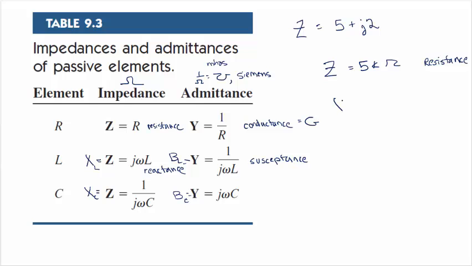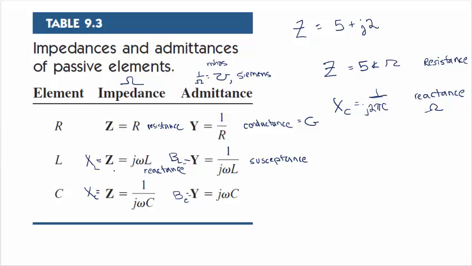If I have a value of X sub C, let's say it's 1 over j omega C, where omega is 2 pi f, and this has some value. This is a reactance, and it's in ohms. It's really a resistance that varies with frequency.